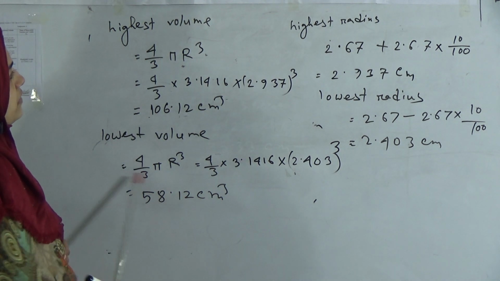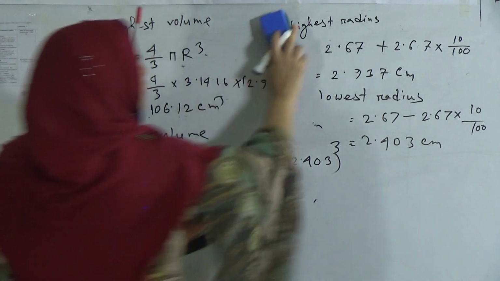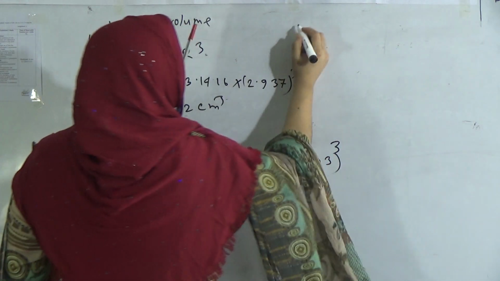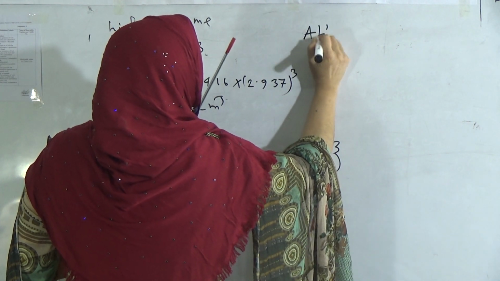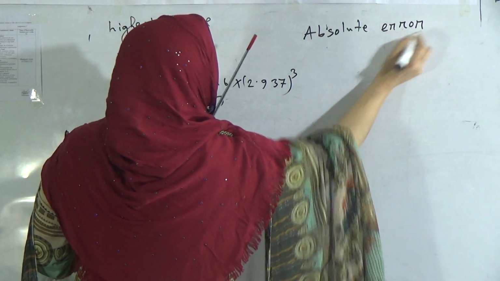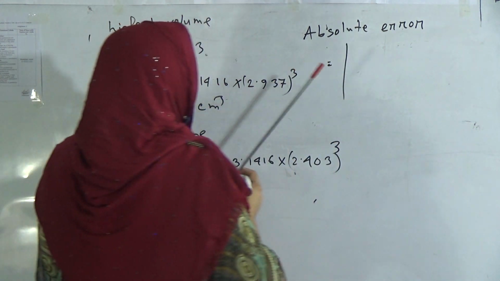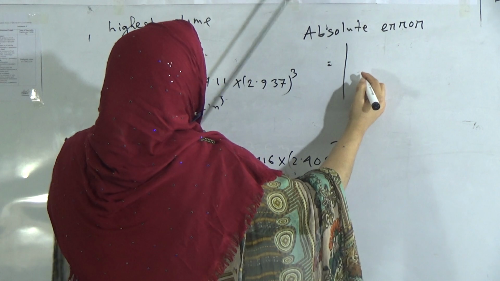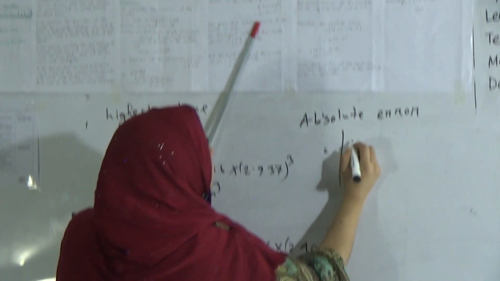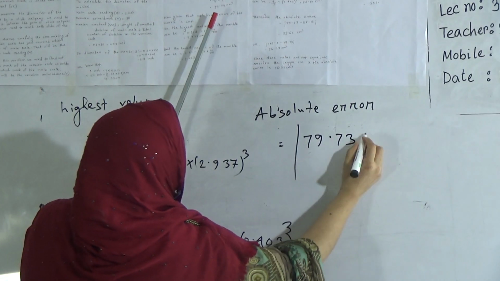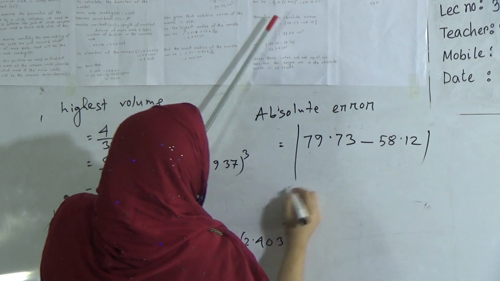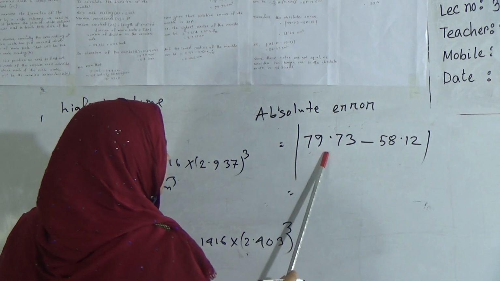Now we will find out the absolute error of the volume. The absolute error of the volume is, see, the actual volume of the marble is 79.73 minus the lowest volume 58.12, okay, subtract this one.